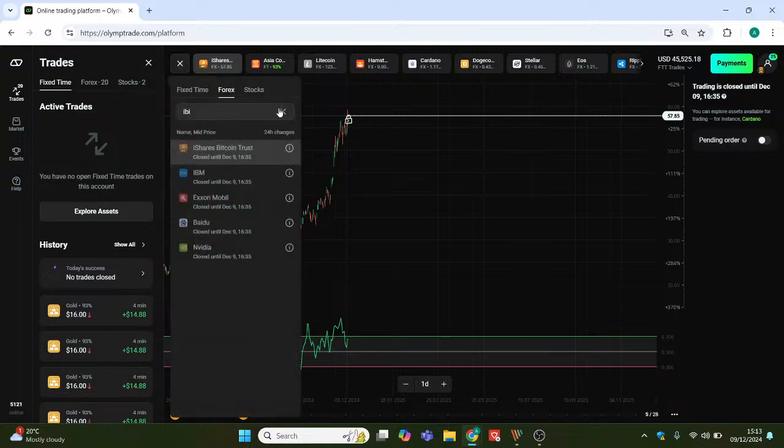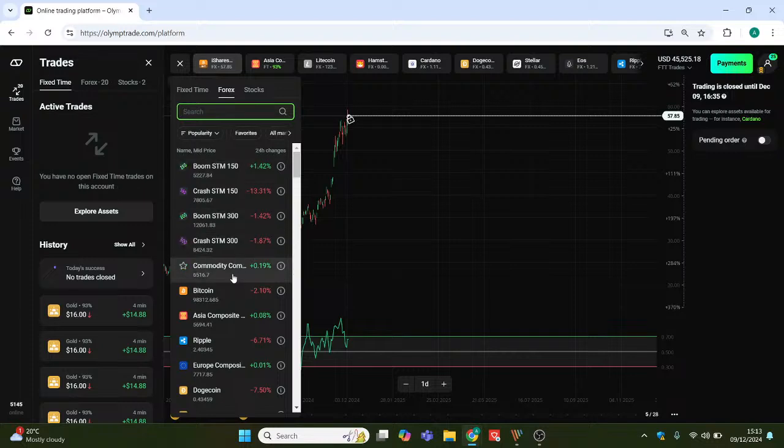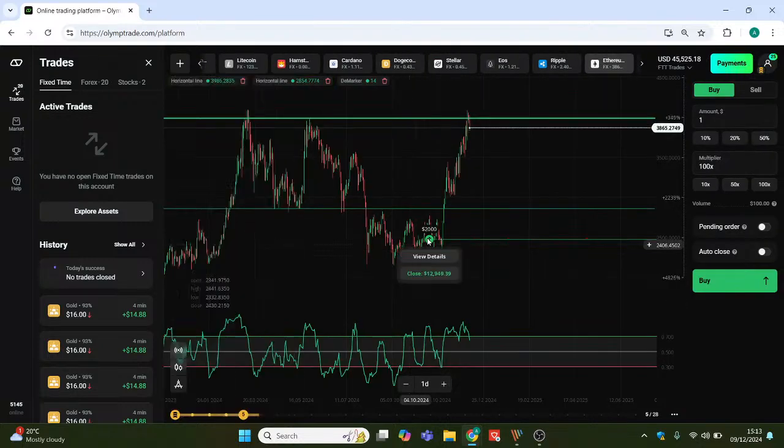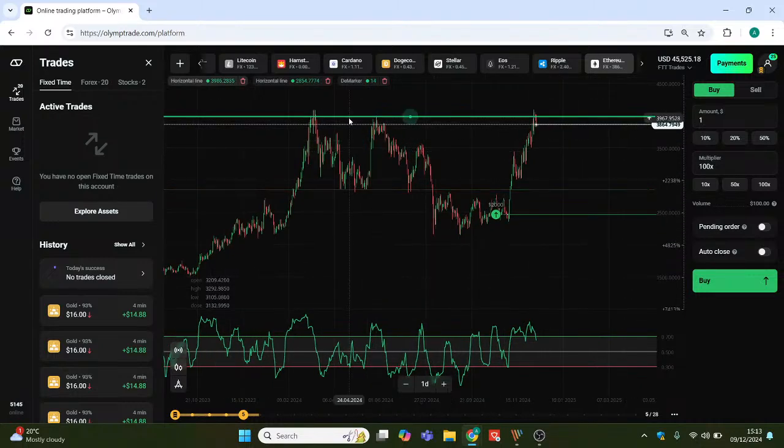I don't know. This seems like a very strange situation to me. I don't know why it's happening the way it's happening. I was expecting Ethereum, of course, to also break to all-time highs, even though I'm having some nice profit, but I was expecting that finally we'll breach 4,000 and go towards 5,000.